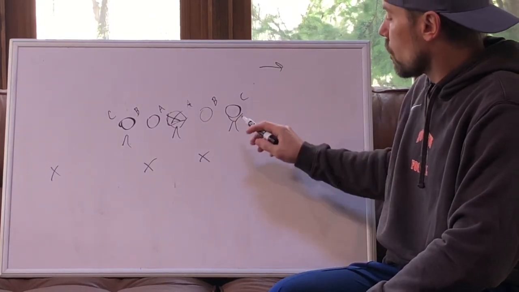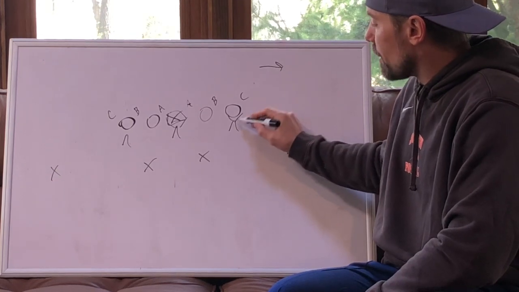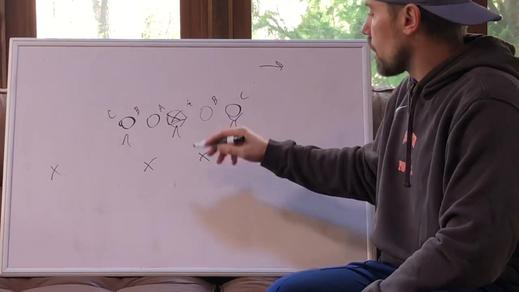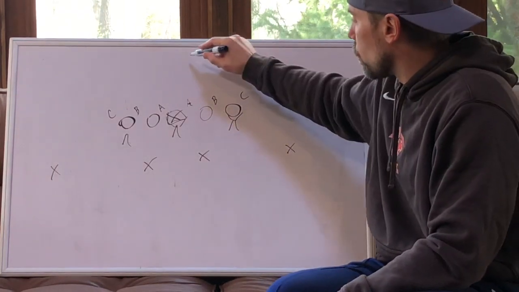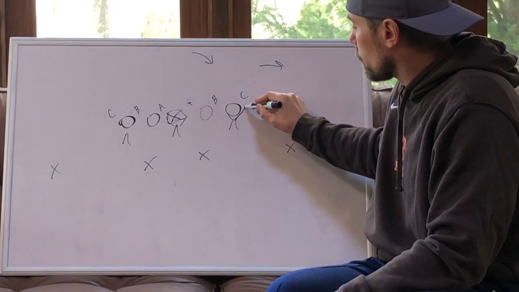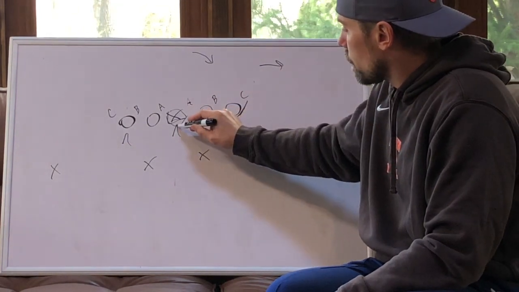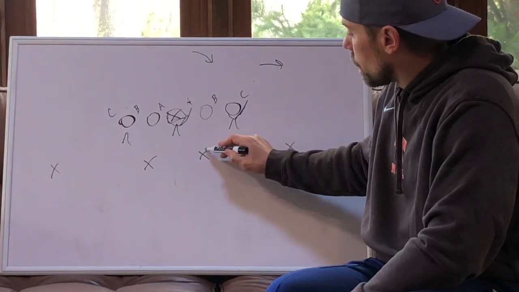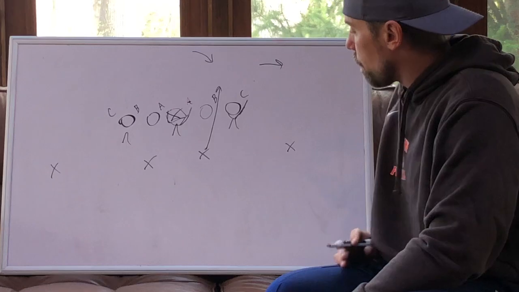Basically, what you're saying is whatever gap this defensive lineman doesn't play, the linebacker is going to play. So let's say ball flow comes this way, and this defender here plays C gap, this defender here plays this right side A gap, then this linebacker is going to play downhill in the B gap.